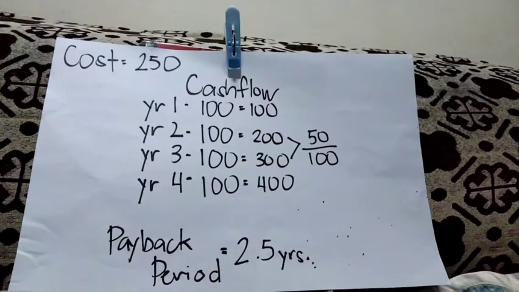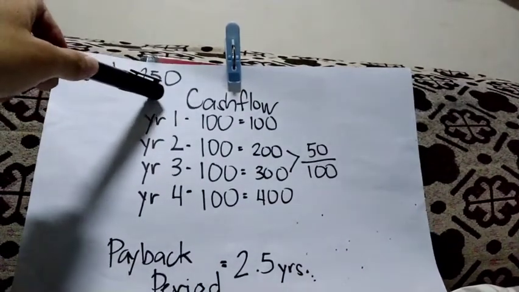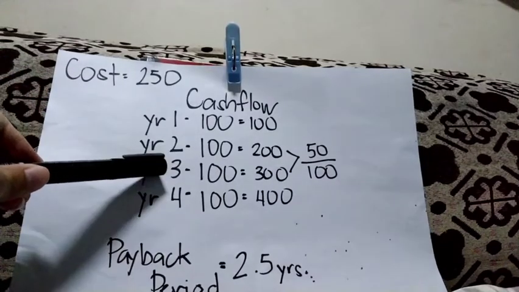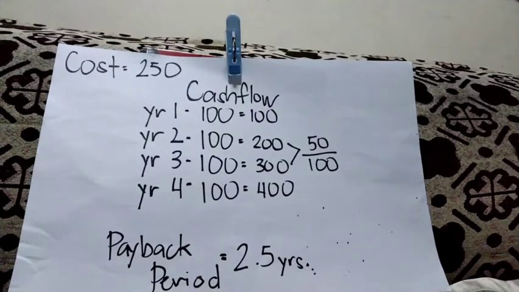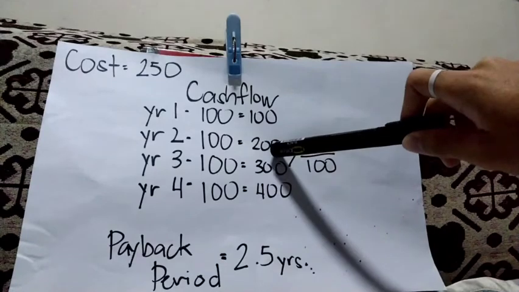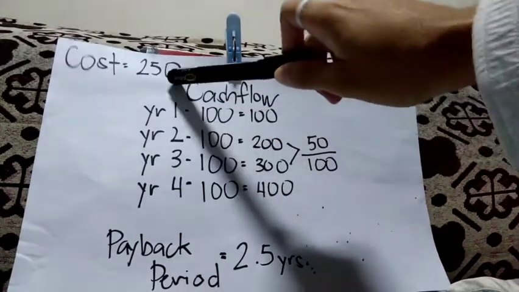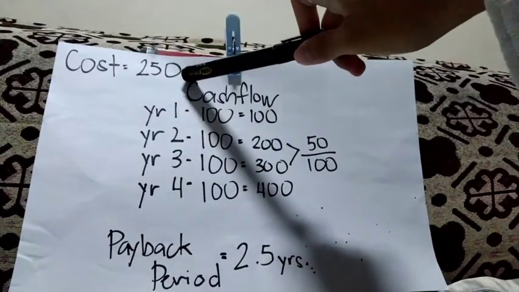We can see that this cost of 250 is between year 2 and year 3. In year 2 there is a cumulative cash flow of 200, so there is a remaining 50 to fulfill this investment of 250.